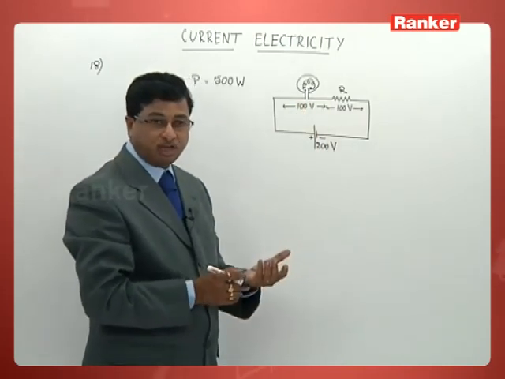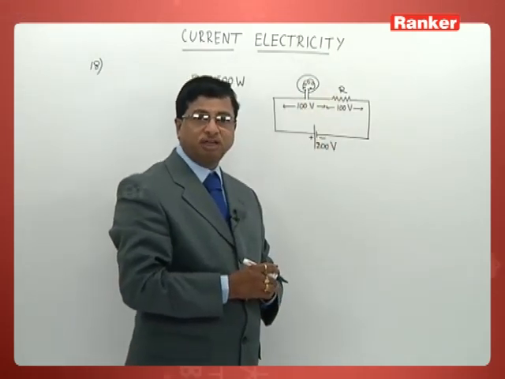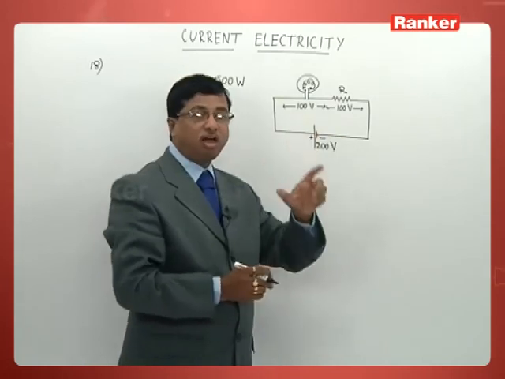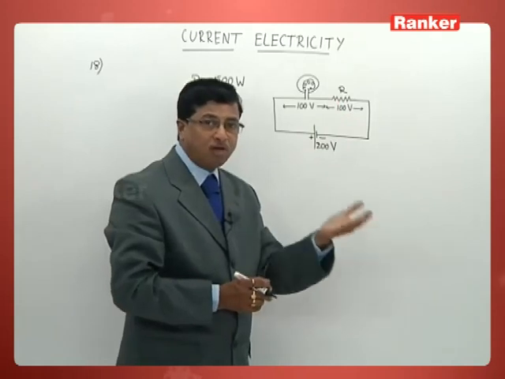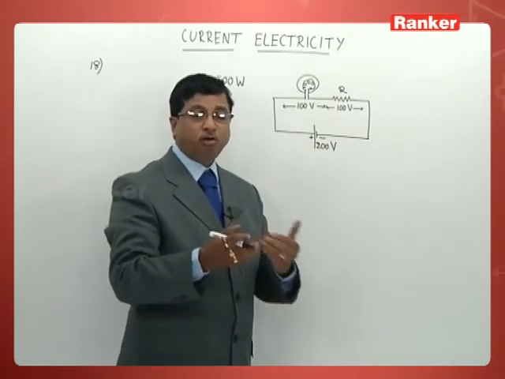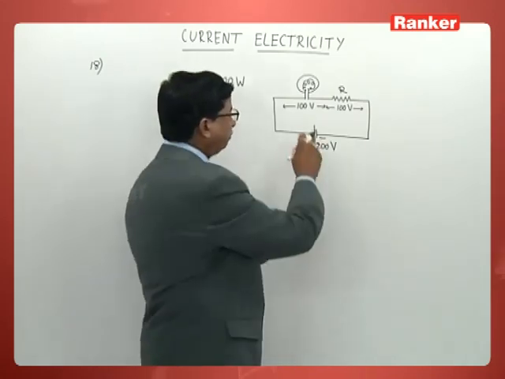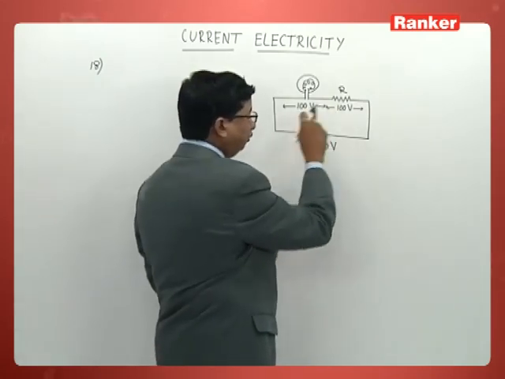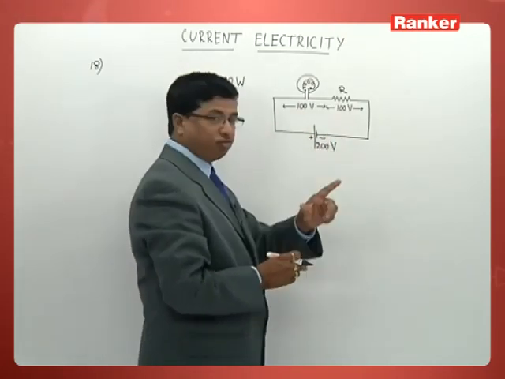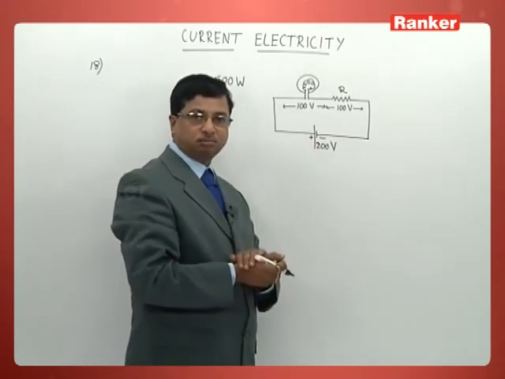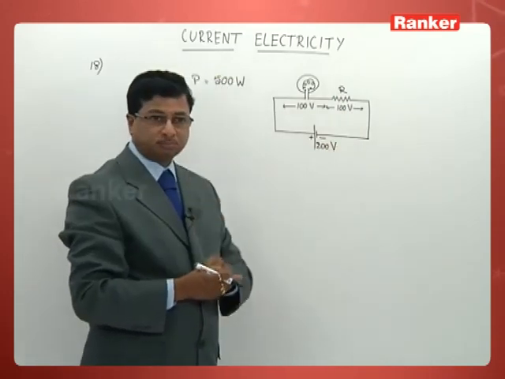What are the two elements I am considering? One is the bulb, one is the resistor. If the bulb is at 100 volt, as given in the problem, the other one also should have 100 volt only. It's very simple. This voltage is supposed to be distributed among these two. When this is at 100, the other one should be at 100. Total put together must be 200 volt.